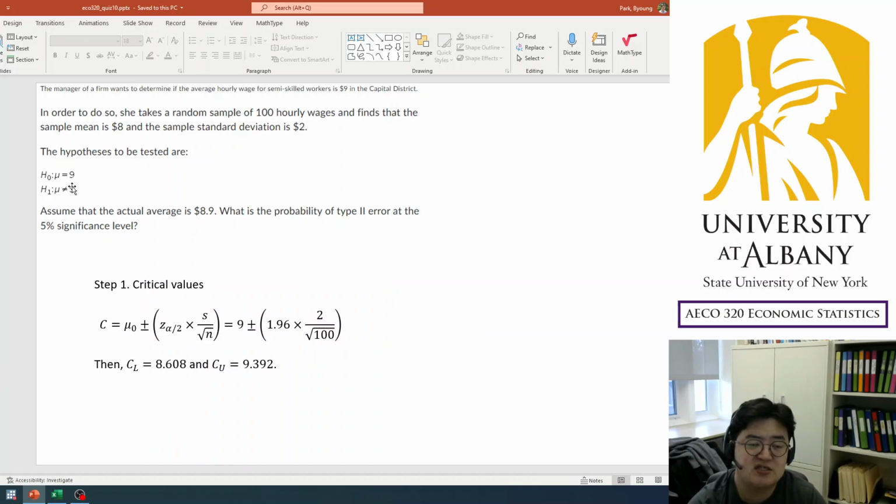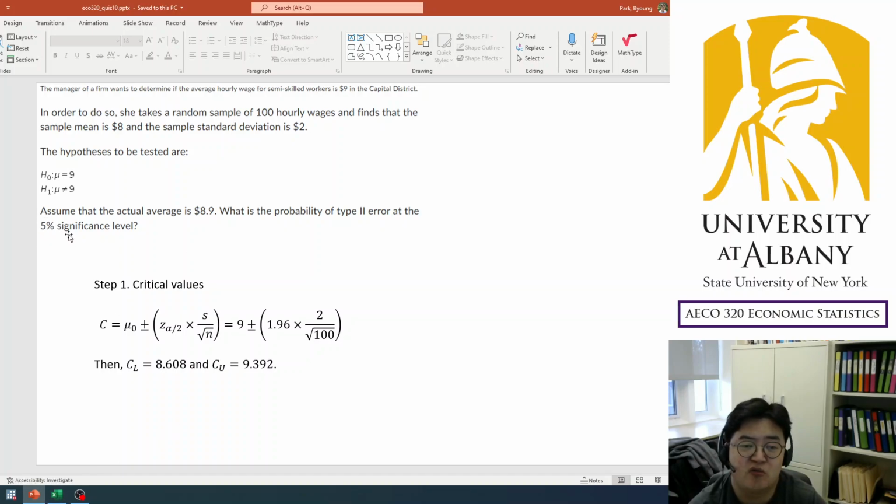First step, we need to calculate the critical values. Because it is a two-tailed test, our critical values will be your belief plus minus z-value times standard error. But here the z-value is based on alpha over 2 because it's a two-tailed test. Alpha should be split on both sides. Let's see what happens.